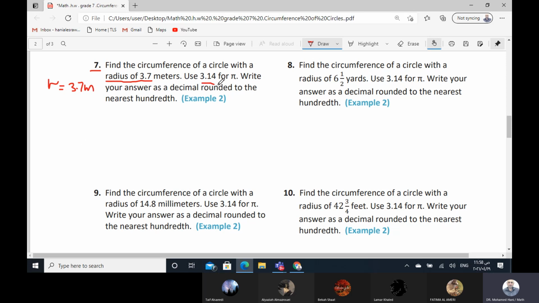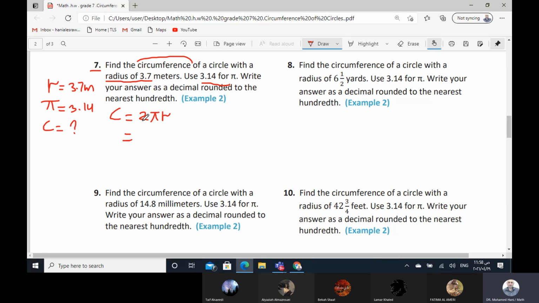And we know pi, 3.14, and we want to find the circumference. So use the second formula, because here we have r, not d. We can write C equals 2 times pi times r, 2 pi r.